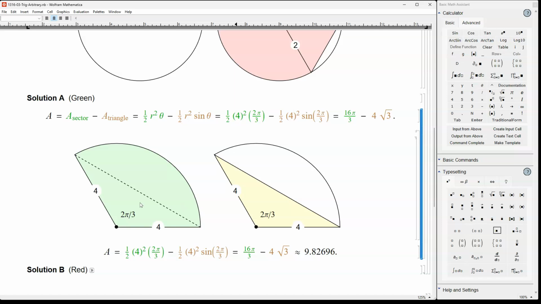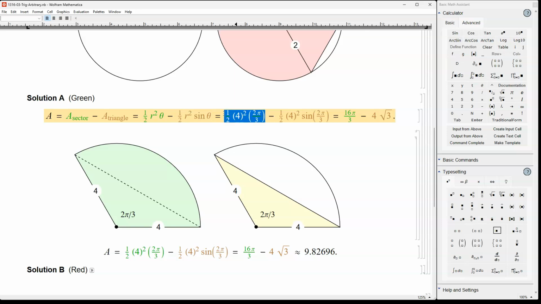Do you see that? This one here, we just follow the area formula of the sector, 1/2 r squared theta, highlighted in green. And this one here, the area formula for a triangle, 1/2 a times b, but a and b are both the same, and then sine of theta, the angle in between.